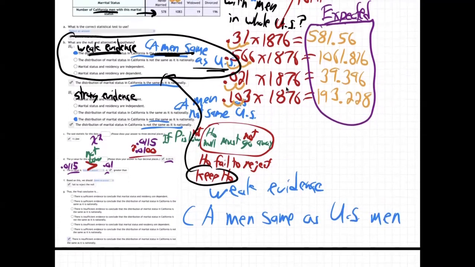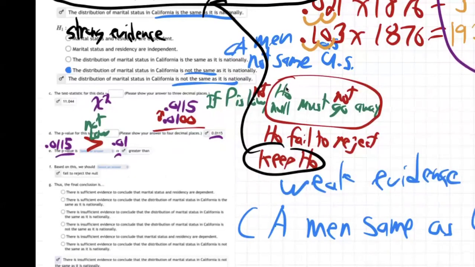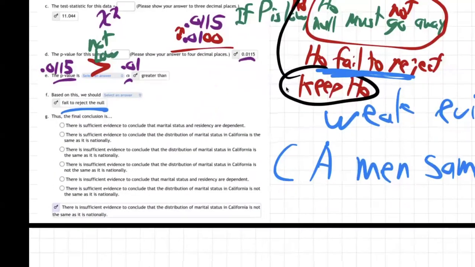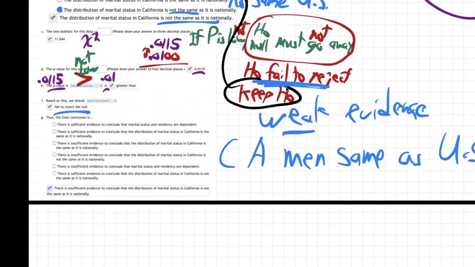That's what it says. So here: fail to reject the null, fail to reject H0. And our final conclusion, since it's weak evidence, is that it's not sufficient. Sufficient is strong. Get rid of those, right? It's insufficient. Sufficient means enough. Insufficient means not enough.